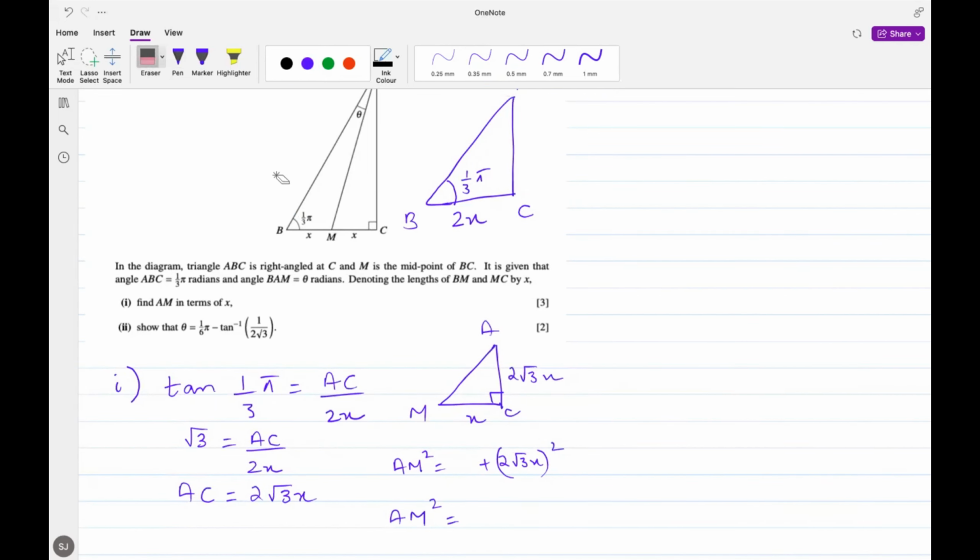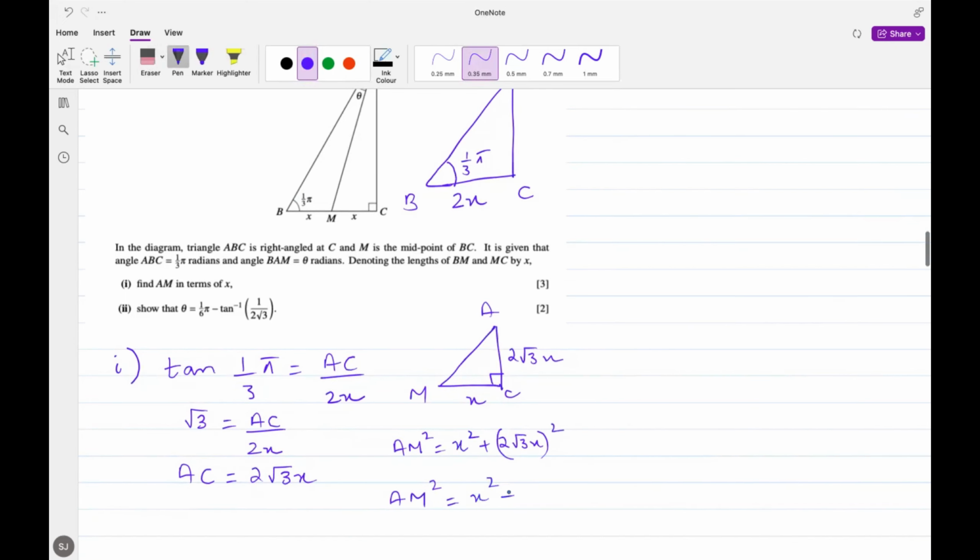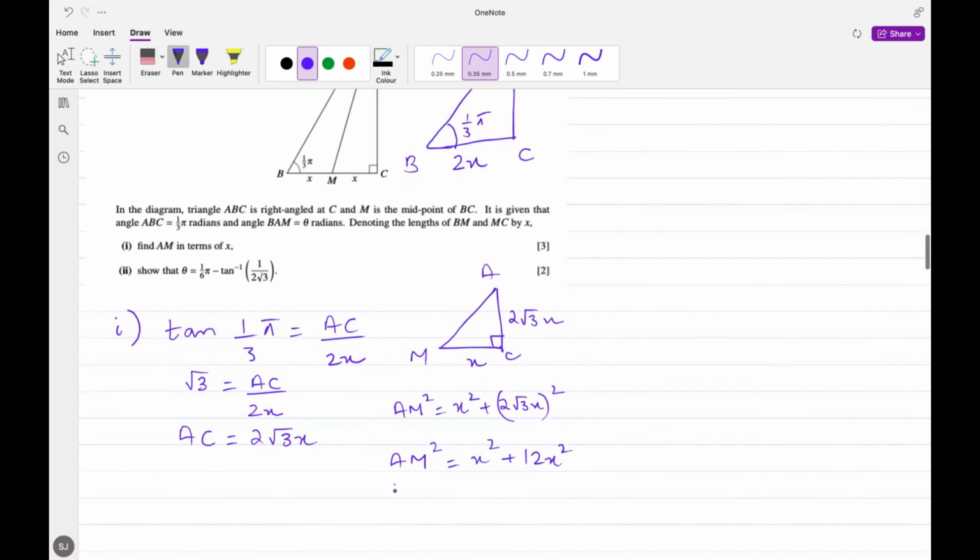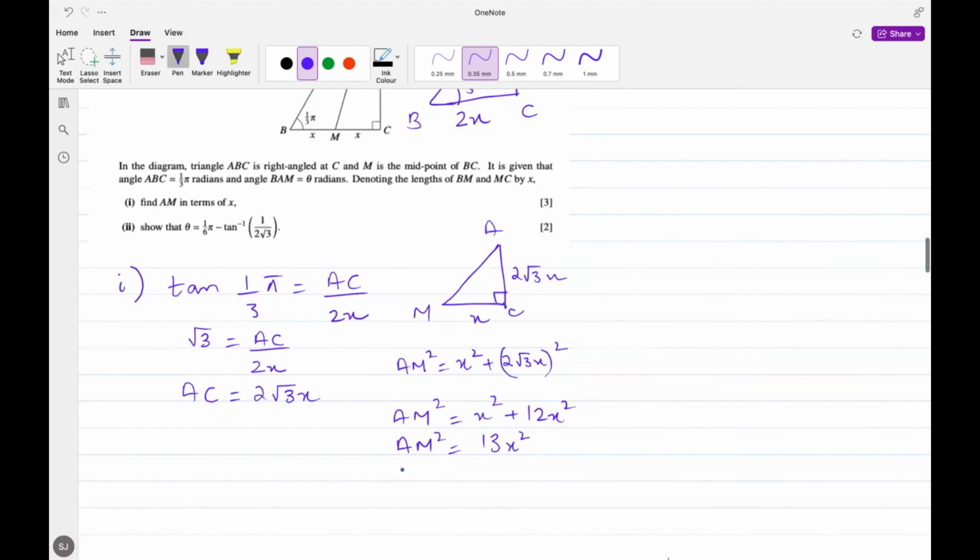The length of MC is x, so this will be x², and (2 root 3)² will become 4 times 3, which is 12, so this will be 12x². So AM² will be 13x². Taking the square root on both sides, we get AM equals the square root of 13x². For the square root of x², the square will cancel. So we can write the length of AM as root 13 times x.